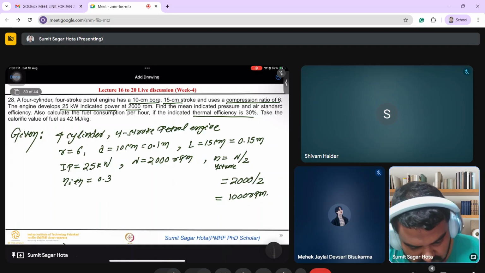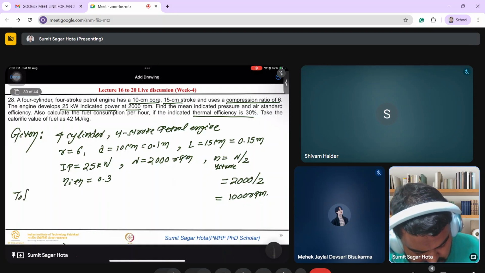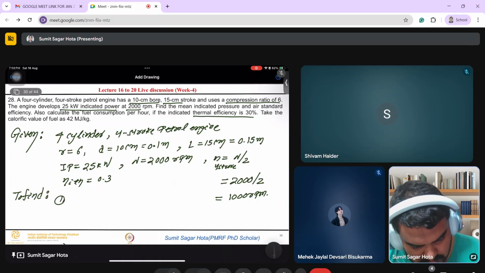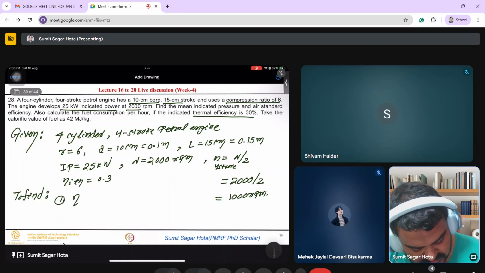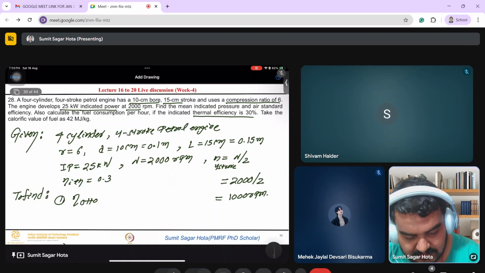So, to find, first is the efficiency, which is obviously an Otto cycle. Just the Otto cycle efficiency we need to find.